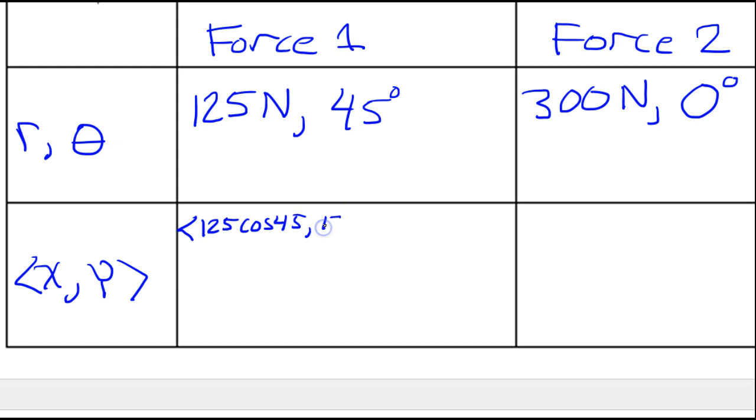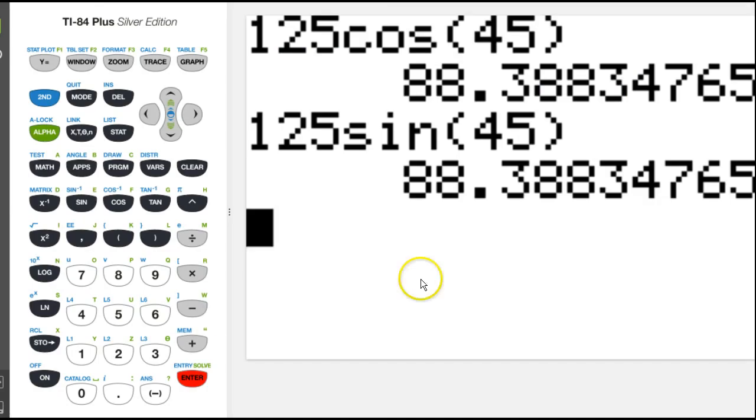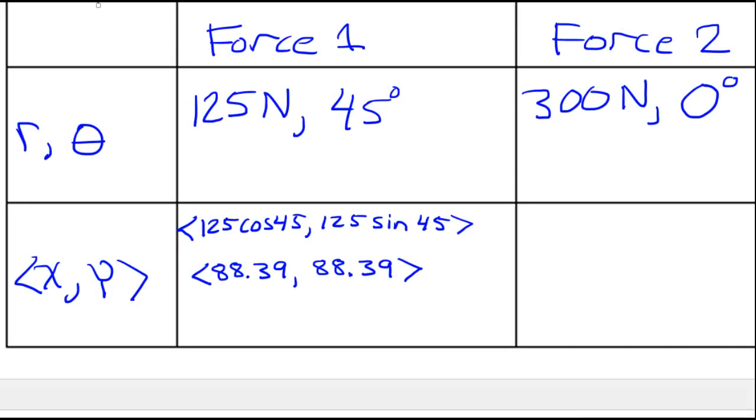R sine theta is 125 sine 45. And we can evaluate this with a calculator. So here we have the horizontal component and the vertical component, which I will record here on the chart.